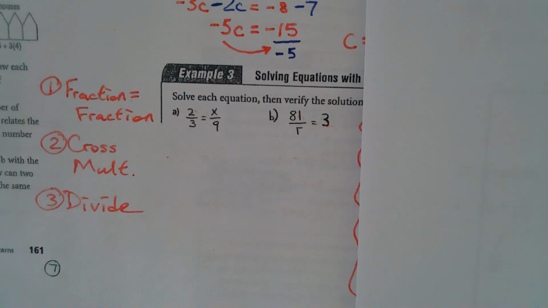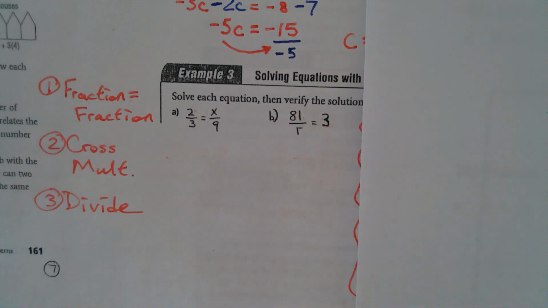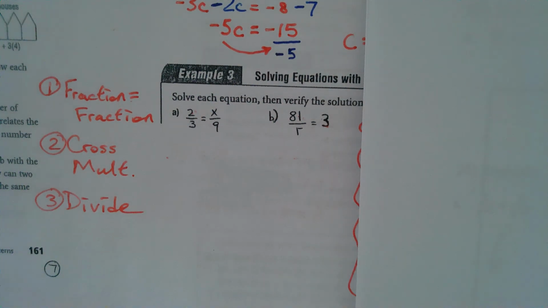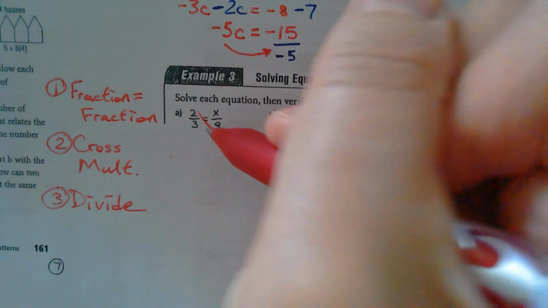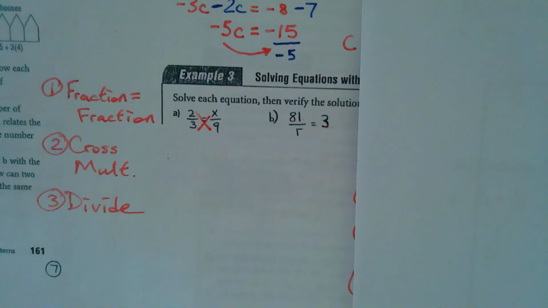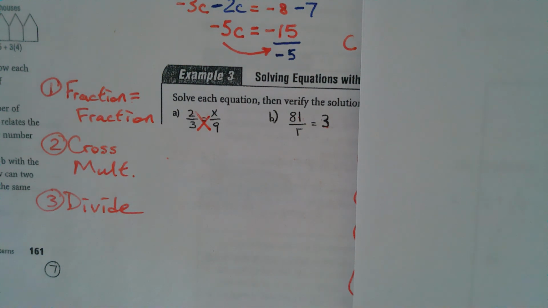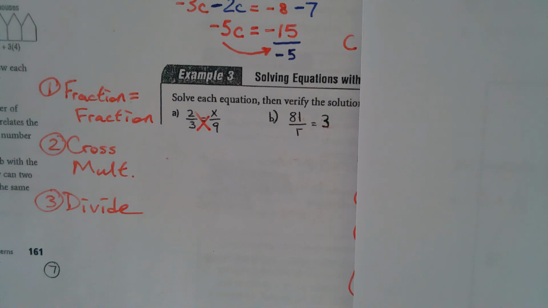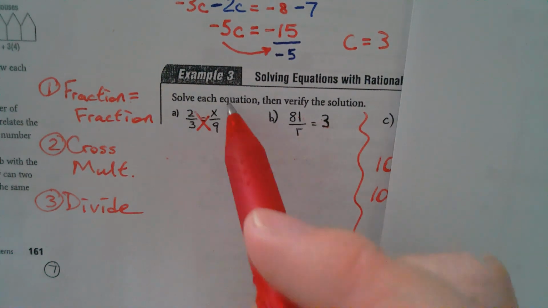Jeffrey, do you know what cross multiply means? Multiply the first number's numerator by the second number's denominator, and then you do the first number's denominator by the second number's numerator. Yeah, cross multiply really means, as it says, cross multiply. So you're multiplying across diagonally.